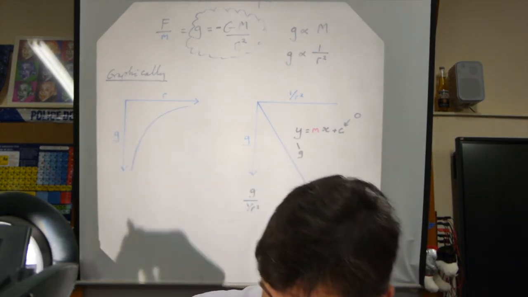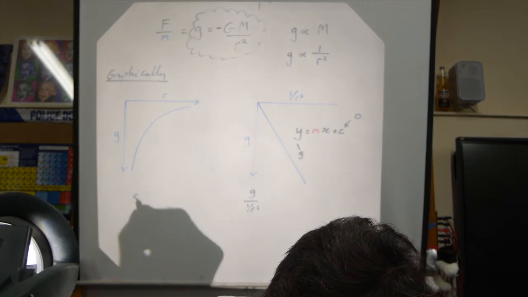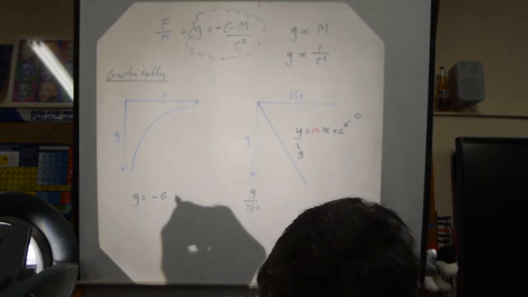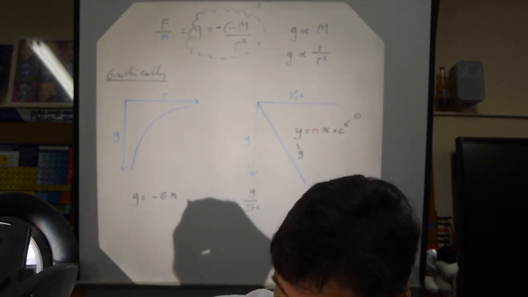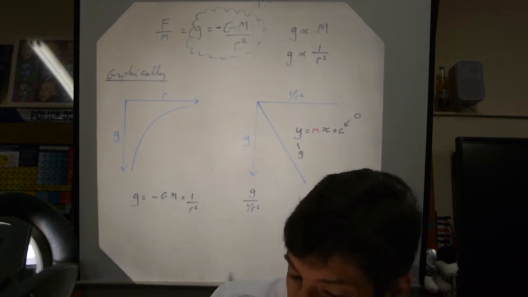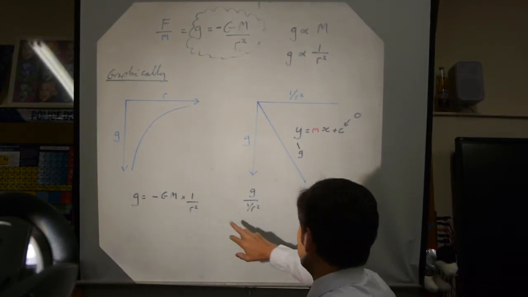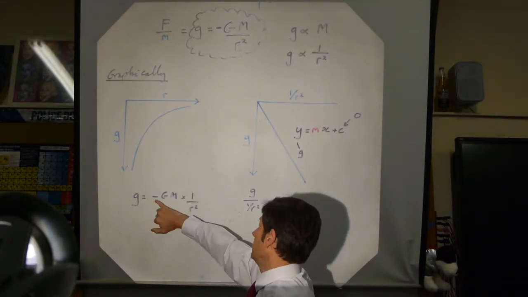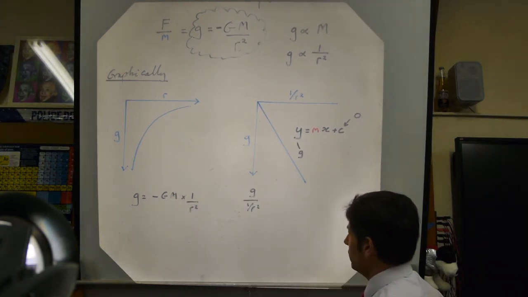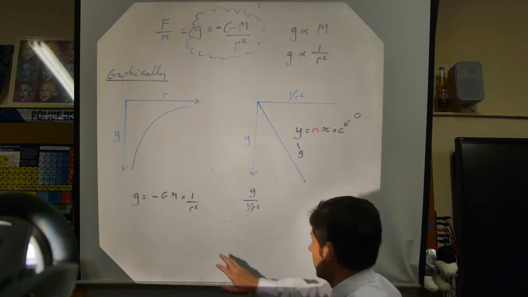So if I write it like this, g is equal to minus GM multiplied by 1 over r squared. I hope you agree that this is just g equals minus big G M upon r squared. Have a really close look at that.